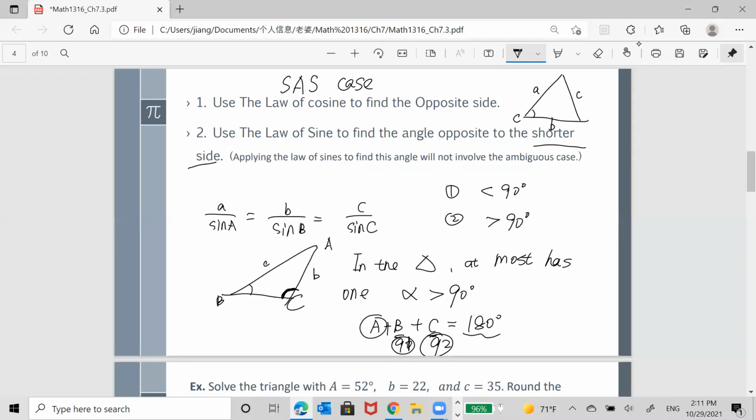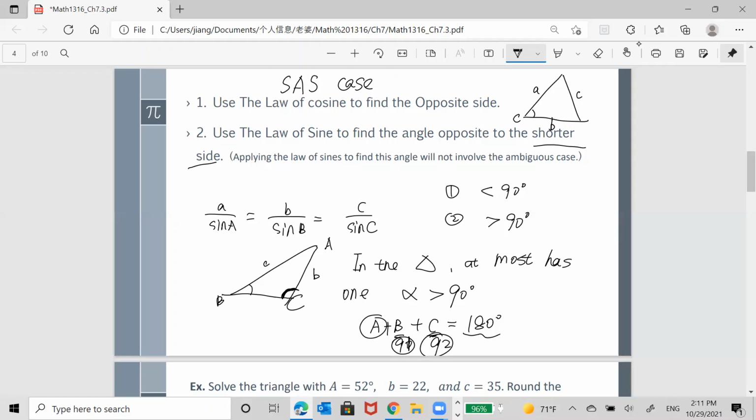I'm not sure you understand these words, but if you don't understand why we use the law of sine to find the angle opposite the shorter side, you just memorize that. First step, use the law of cosine to find the opposite side. Second step, use the law of sine to find the angle opposite the shorter side.